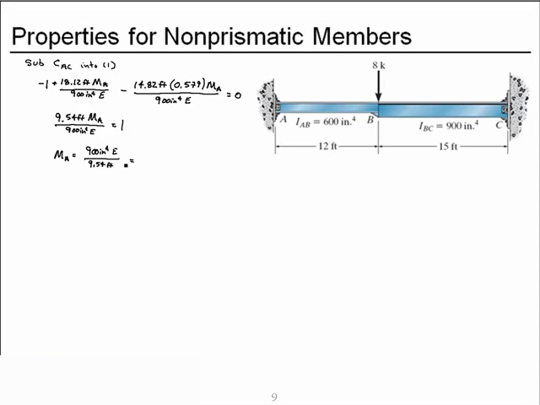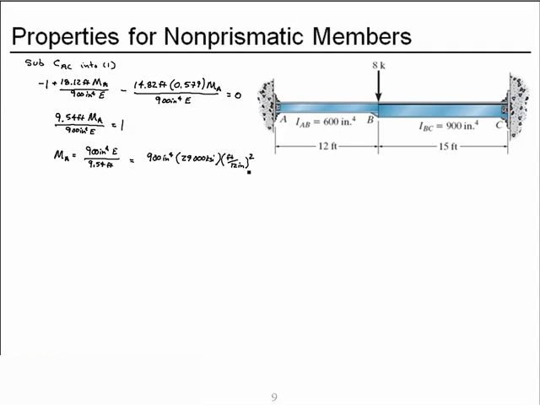And now let's put in for E and get our units consistent. So we have 900 inches to the 4th times 29,000 KSI. Let's make the numerator units of feet. We have inches to the 4th divided by inches squared, so we have inches squared left.